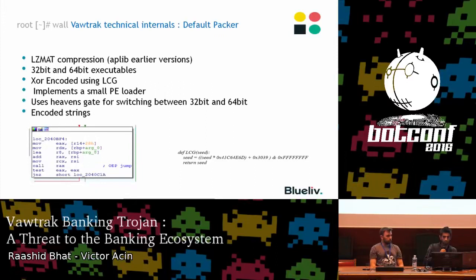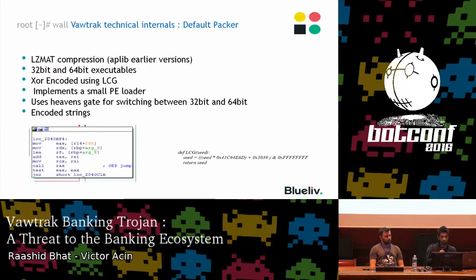So the base buffer in the default packer is always LZMAT compressed. The earlier version used APLib, and the buffer, when it's decompressed, reveals two executables, 32-bit as well as 64-bit, depending on the system. Either one of them is executed.